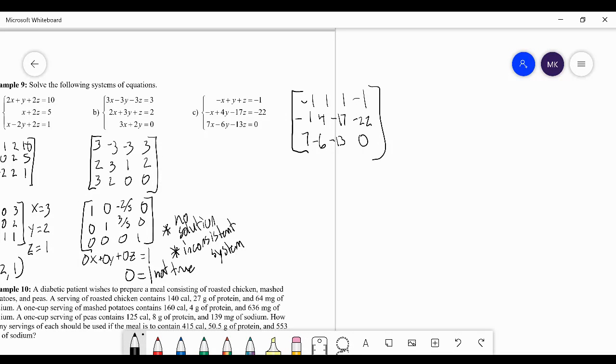Now, use your calculator, put this into reduced row echelon form, and we get 1, 0, negative 7, negative 6, 0, 1, negative 6, negative 7, and then 0, 0, 0, 0.